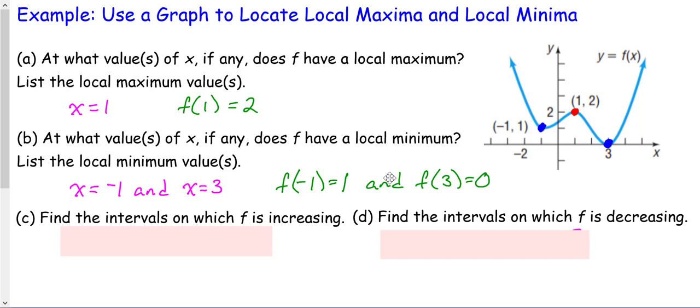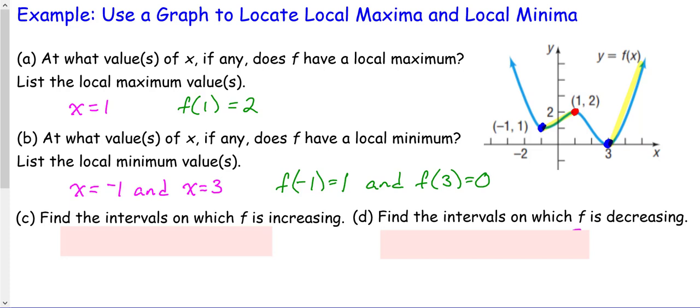So now we want to find intervals where f is increasing. So where is f getting bigger? So if we look, we can see it's getting bigger from -1 to 1, and we can also see it's getting bigger from 3 to infinity.